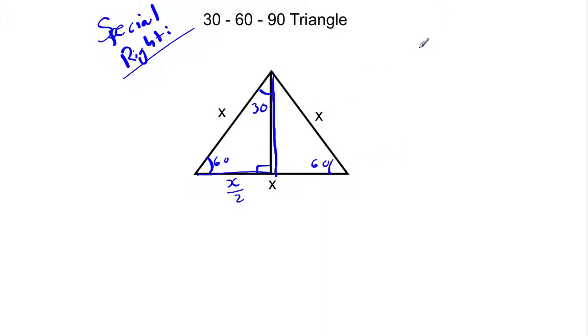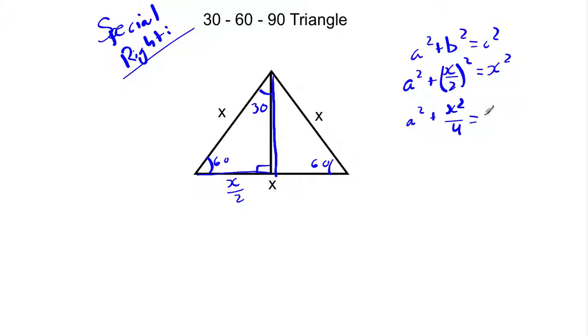So I can use Pythagorean Theorem, a squared plus b squared is equal to c squared. So I know that c squared, my hypotenuse in this case, is x, so that's x squared. I want to find what a is, so a squared, and I know that b is x over 2. So I get a squared plus x squared over 4 is equal to x squared.